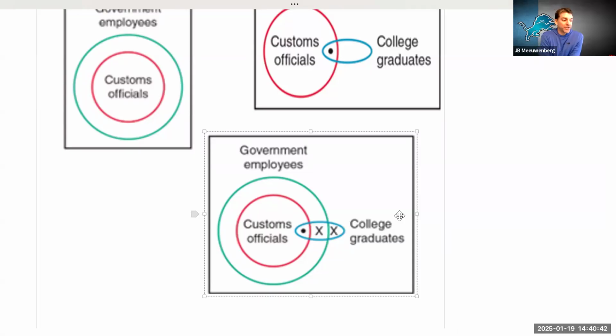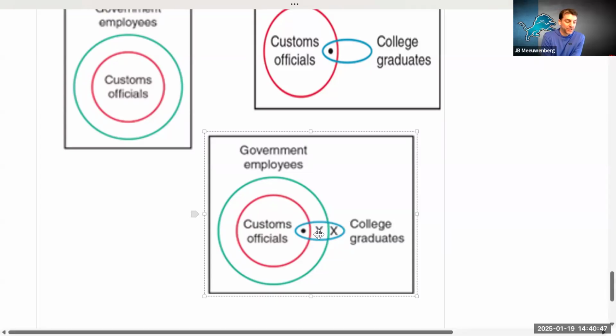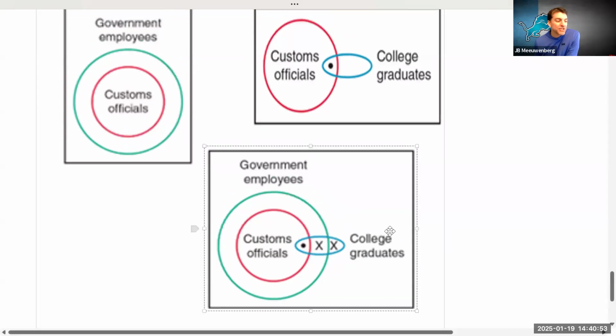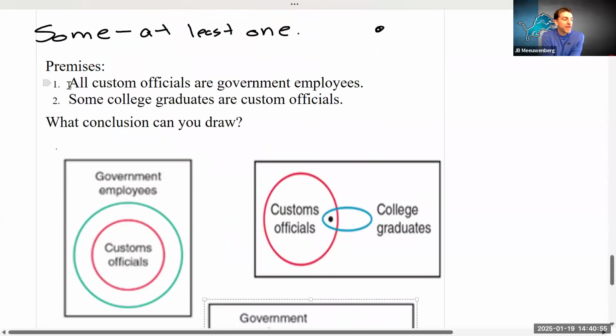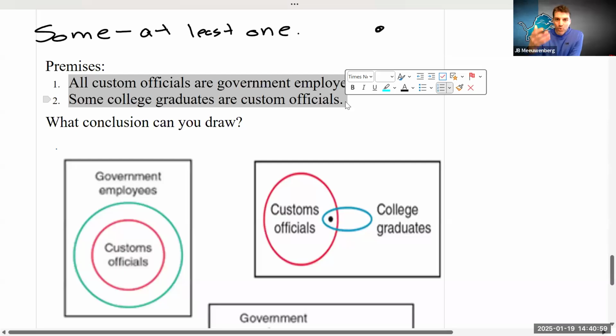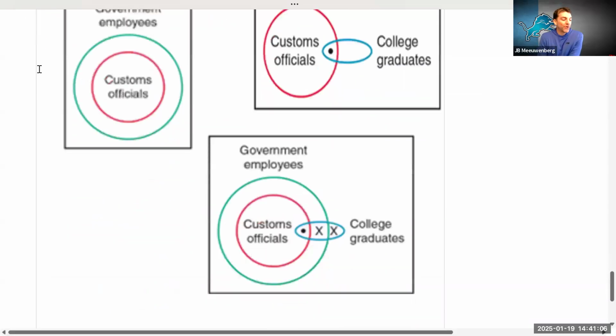There may be college graduates who are government employees, but not customs officials. And there may be college graduates who are not government employees, but we can't know that for sure just based on this information. You have to pretend like that's the only information that you have in the world to make any conclusions with. So this is what our Venn diagram would look like.